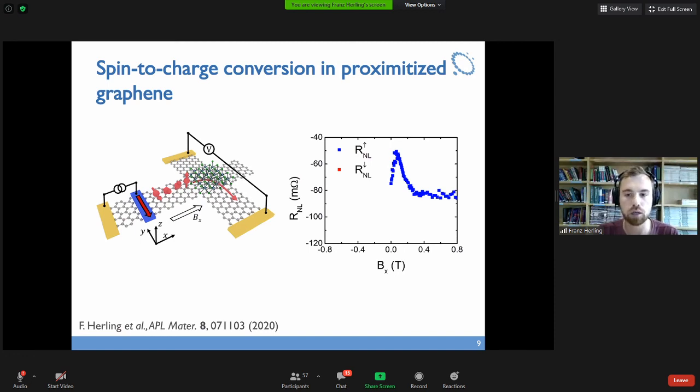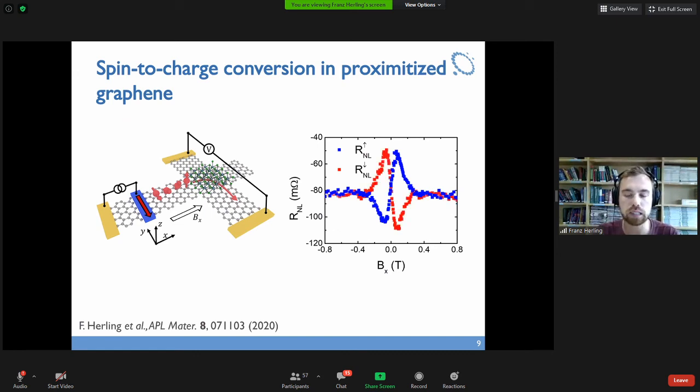And this signal is antisymmetric in field because if you apply a field along X, the spins will precess along Z. And if you apply it at -X, the spins will precess into -Z. So you will get a different sign in the resistance that you're measuring. And for the two states of the injection electrode, this signal is also antisymmetric.